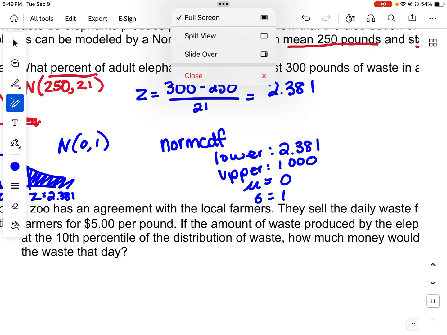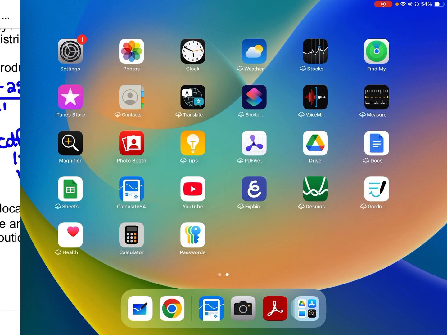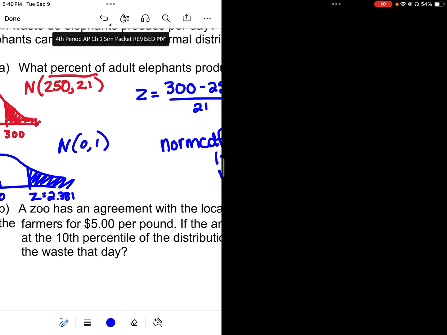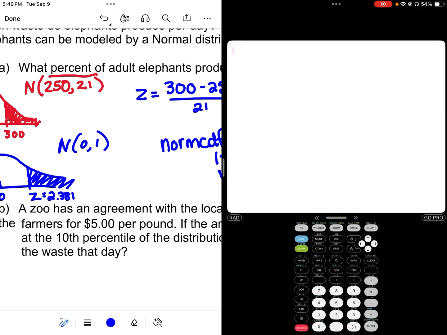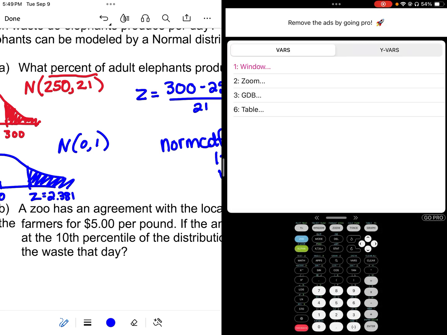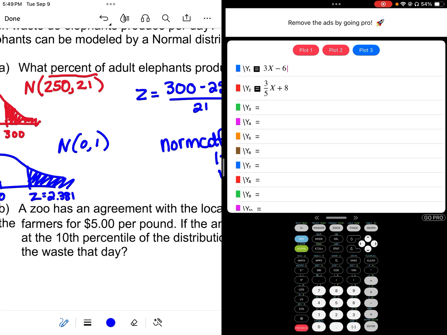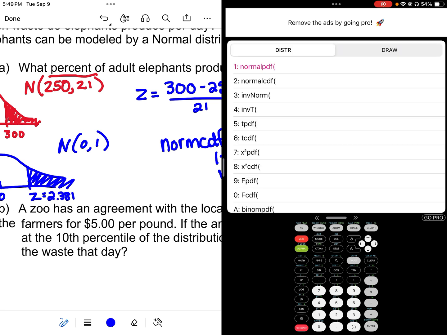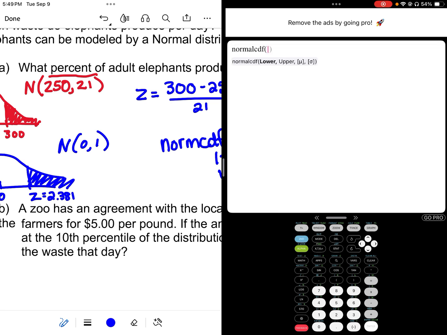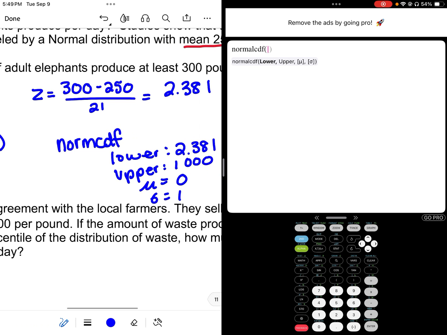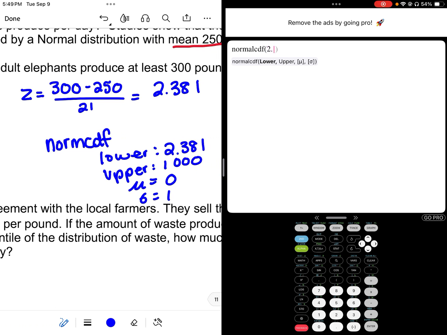So let's see. Okay, second bars. Oh, I need to get out of there. Quit. Second bar, second distribute, normal CDF. Okay, mine gives it to me a little different, but I can still do this. 2.381, comma, 1,000, comma, 0, comma, 1.